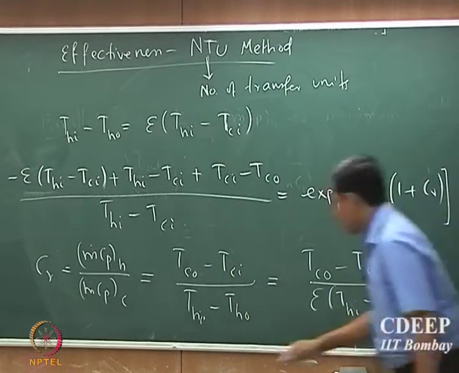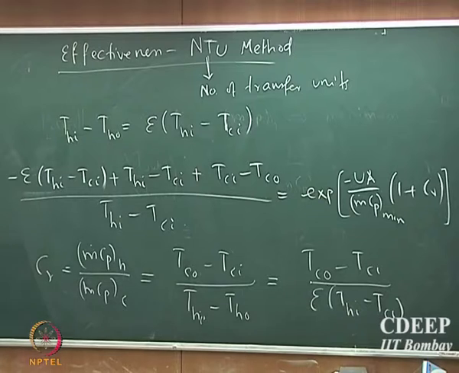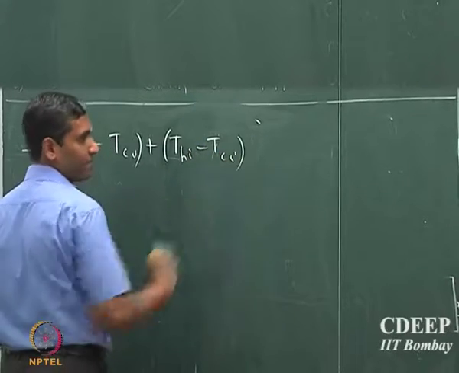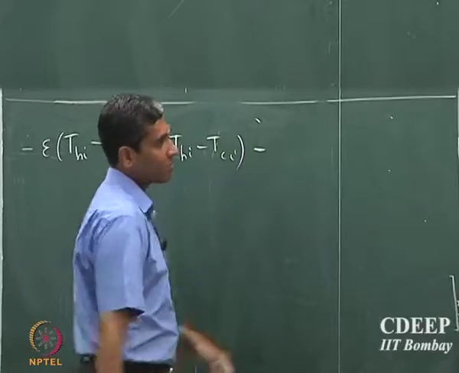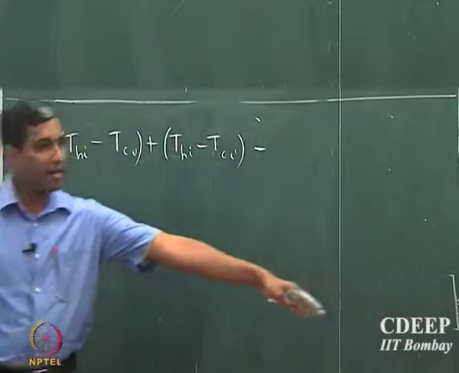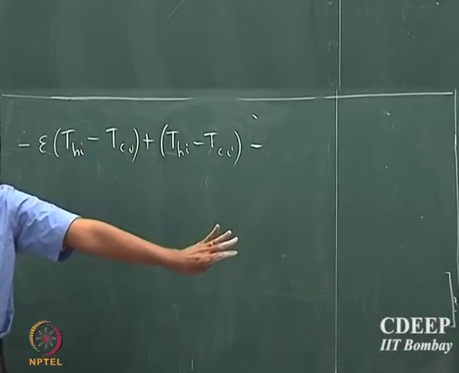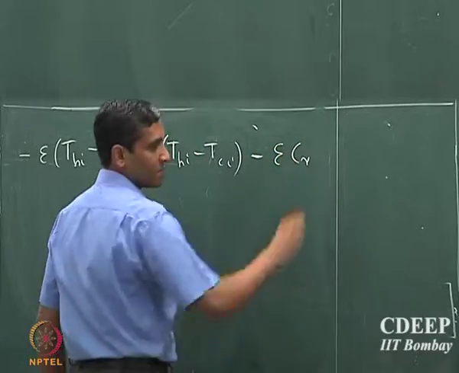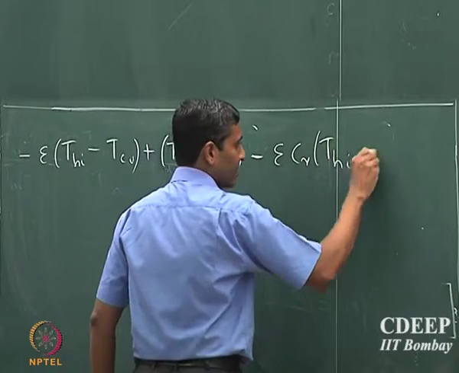Okay. So we can simply plug this in here. So that will be minus epsilon Thi minus Tci plus Thi minus Tci minus. So all I have to do now is to completely eliminate Tci and Tco from here. So that will be epsilon Cr Thi minus Tci.